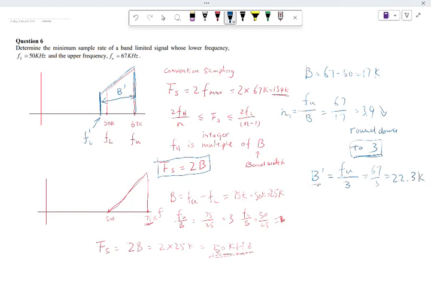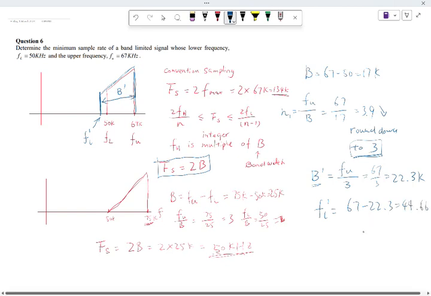That's the new bandwidth. And the new lower boundary frequency is 67 minus 22.3, which is 44.66.